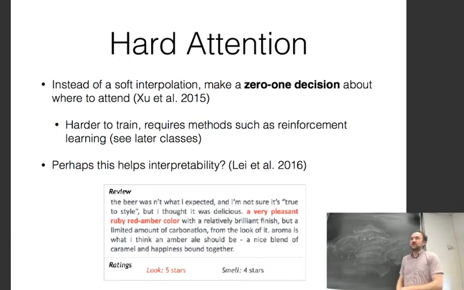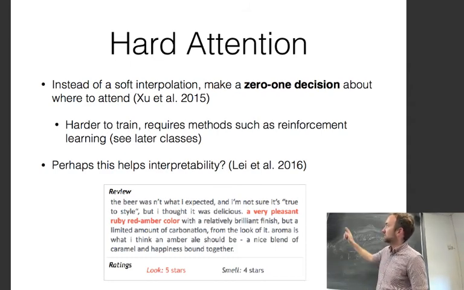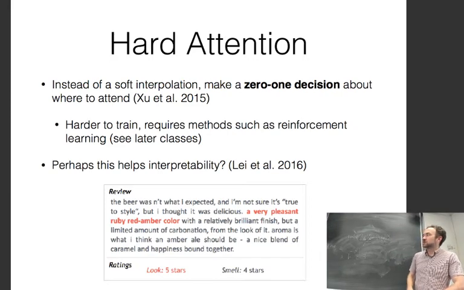One kind of neat example of this, I don't think anybody has shown that this works better or that this works a whole lot better than a comparable soft attentional model, but one thing it might be able to give you is interpretability. So this is a neat paper where basically they use hard attention to highlight phrases in a document that were useful in making a decision.